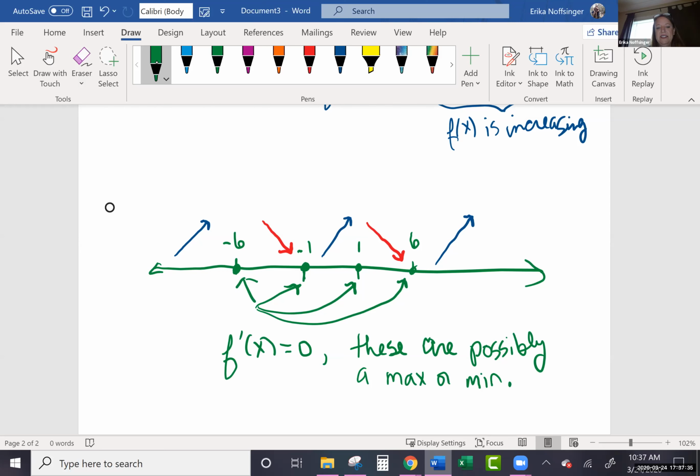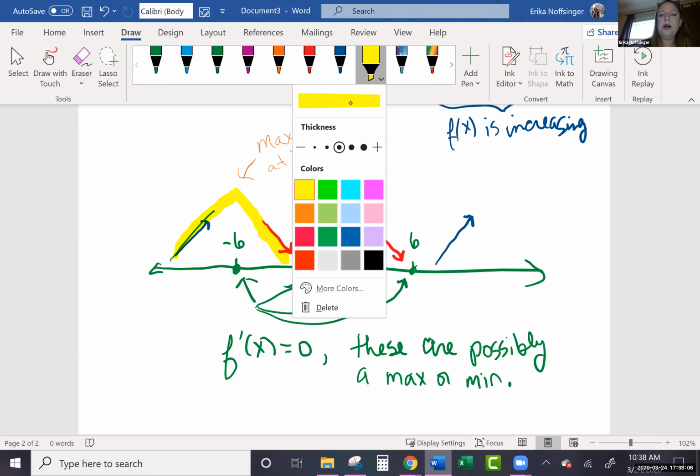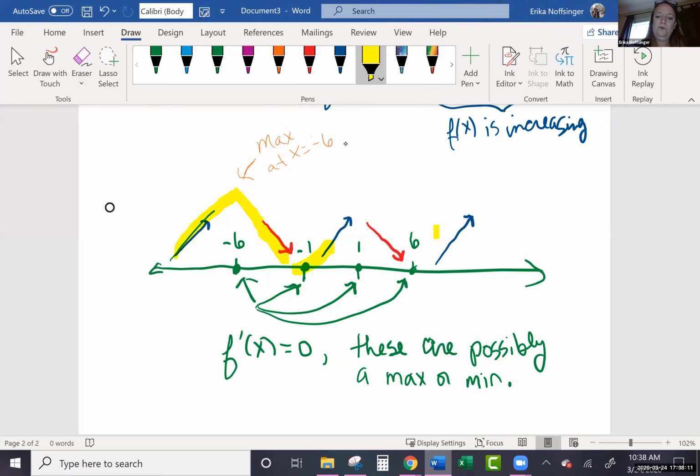And we can look at our case. If we got something that increases and then goes down and decreases, we can see that right here is going to have to be a max at x equals -6. Or if we have something that decreases and then starts to go up, increasing, right there that's going to have to be a min.